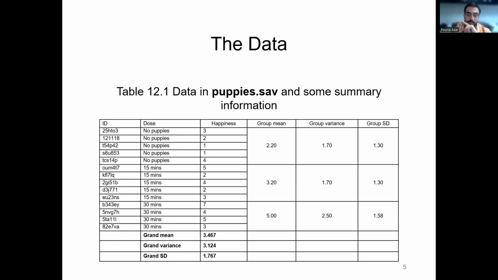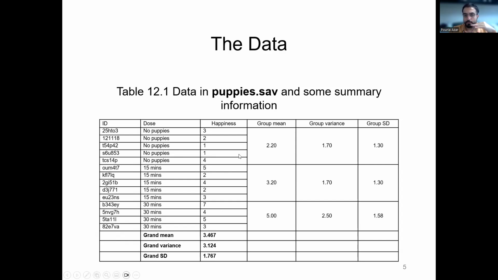So we have three independent groups. And we have the happiness score, which is our dependent variable, from 0 to 10. We have group mean, group variance, and group standard deviation for each group. And at the bottom of the table, we have grand mean, grand variance, and grand standard deviation.